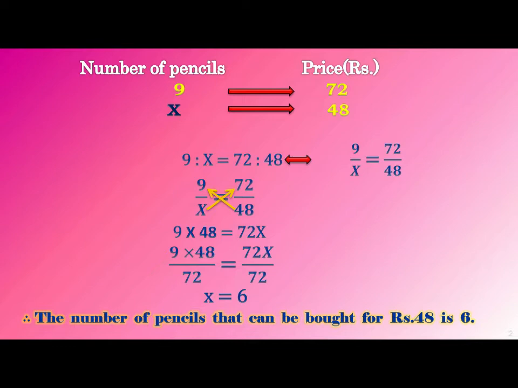As fractions, 9 over x equals 72 over 48. Using cross multiplication here, 9 into 48 equals 72 into x, 72x. Divide both sides by 72, then x equals 6. Therefore, the number of pencils that can be bought for 48 rupees is 6.